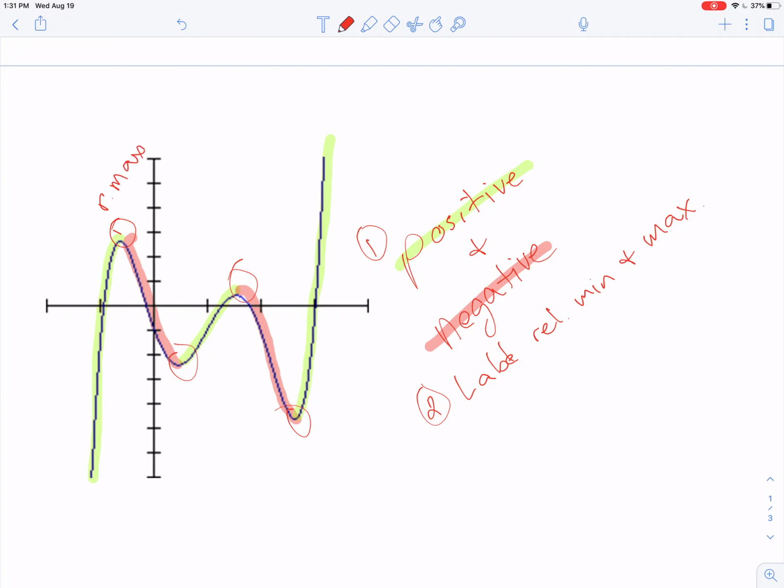Since this one kind of comes down and says how far it can go down, this one's going to be a relative minimum. That makes this one a relative maximum. And this one down here would be a relative minimum again. Questions there?